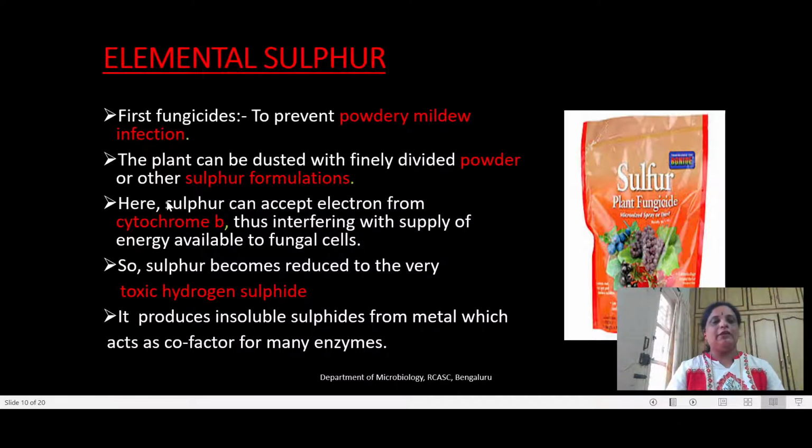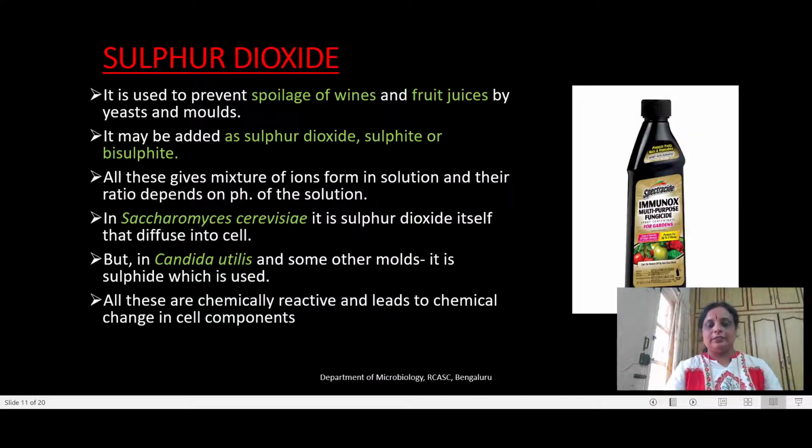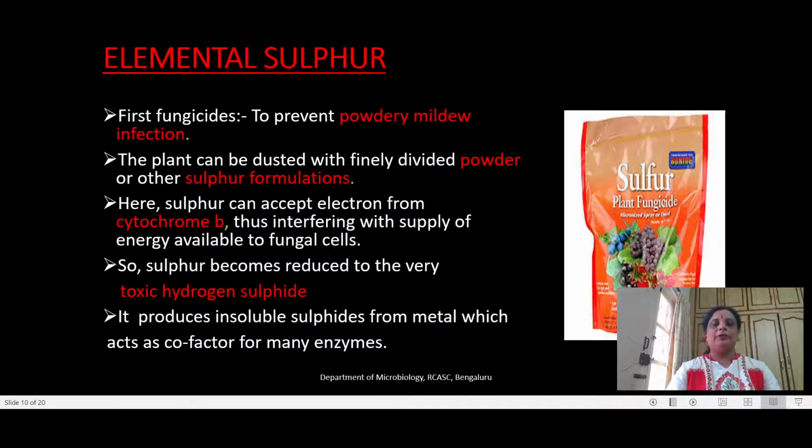Once again I will repeat, elemental sulfur is a fungicide which has been used exclusively for powdery mildew infections. Once applied onto the plant, the sulfur enters the fungal cell, into the mitochondria or the cytoplasm, and accepts electrons from the cytochrome.